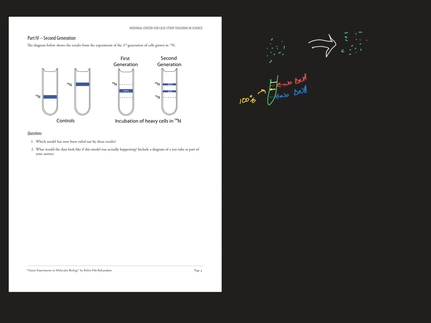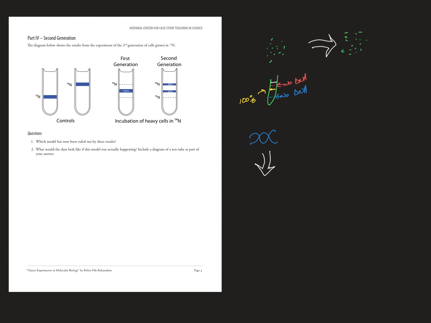Again, we started heavy. So the original strands were heavy. We only had heavy DNA, heavy nitrogen, so it was all heavy stuff. Then we allowed time to go on, the first generation, with the lighter material.